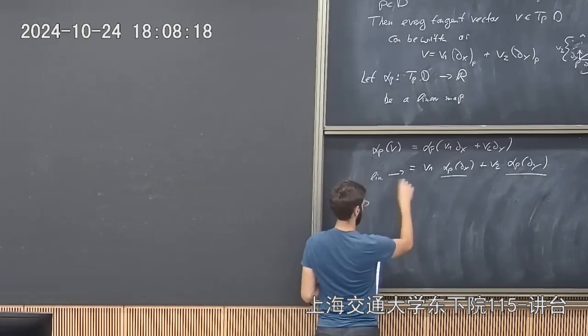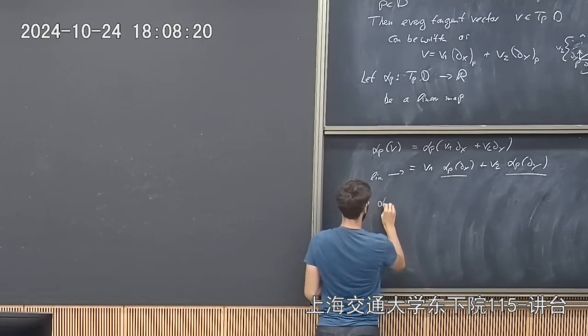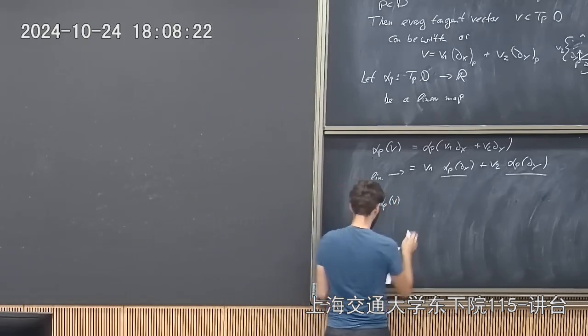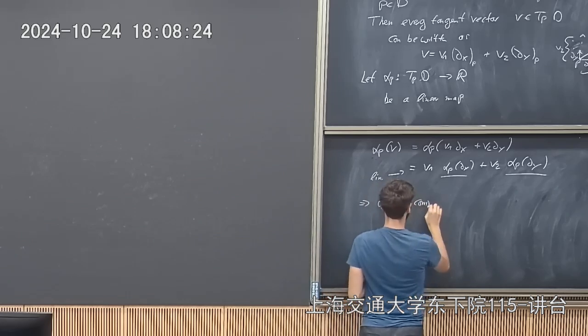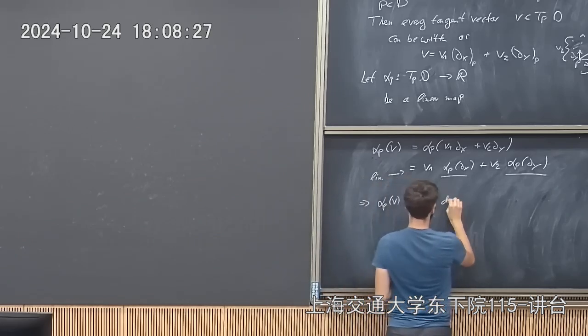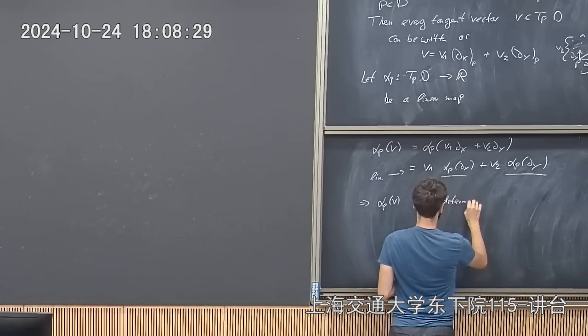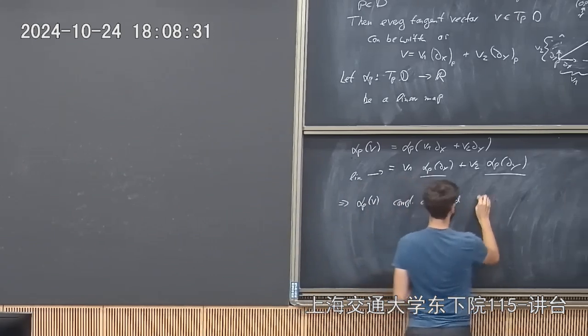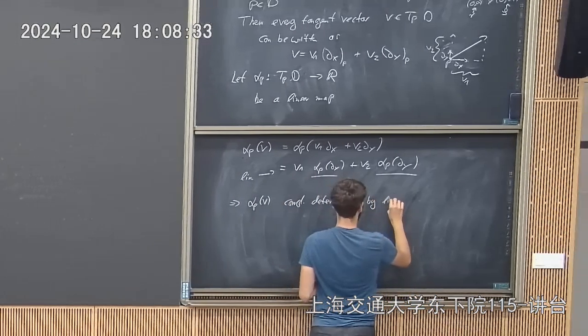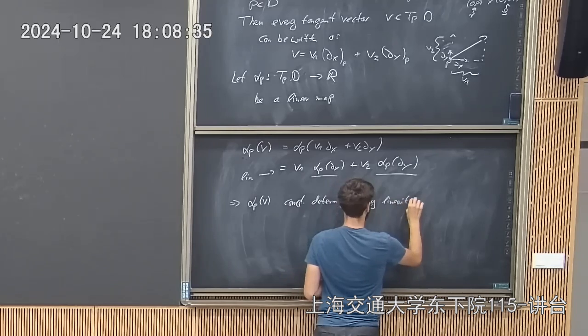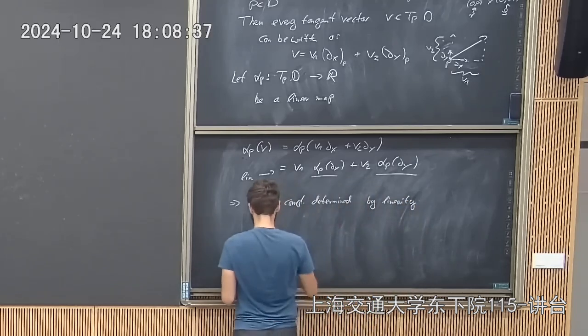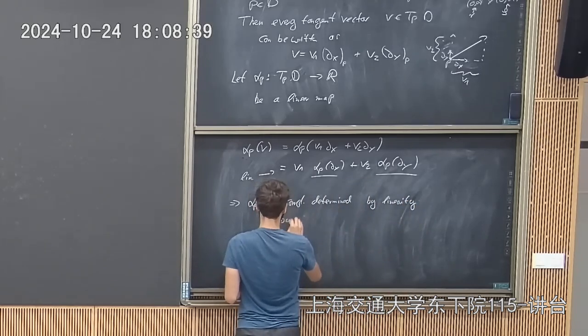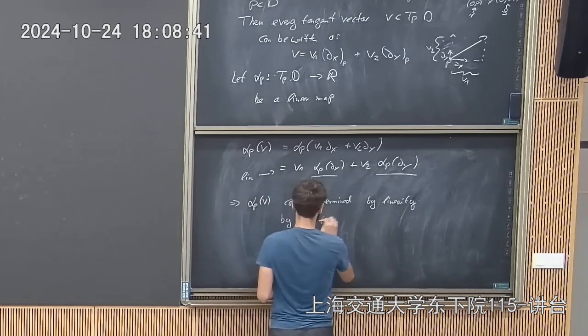So the upshot of this little calculation is that alpha p on a given vector is completely determined, by linearity, by the two numbers.